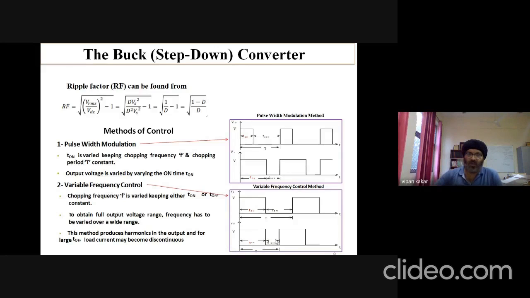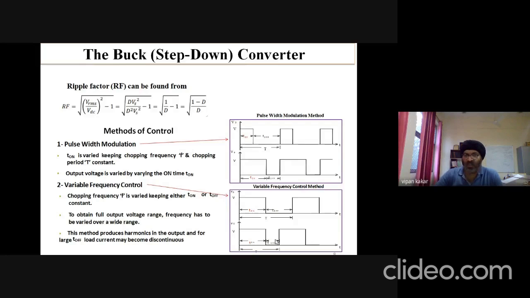So that's the variable frequency control. They can be called modulation techniques or control methods. So buck converter can use any of these for the step down output. But in variable frequency control, or the pulse frequency modulation, the harmonics in the output may become a problem.